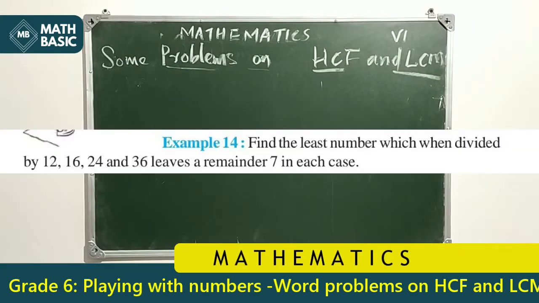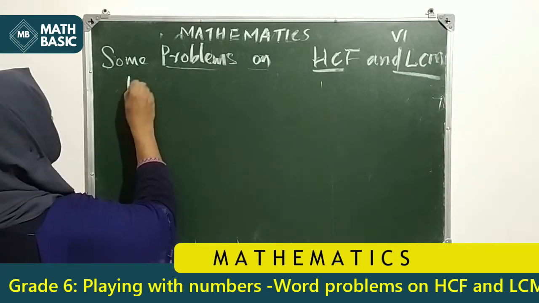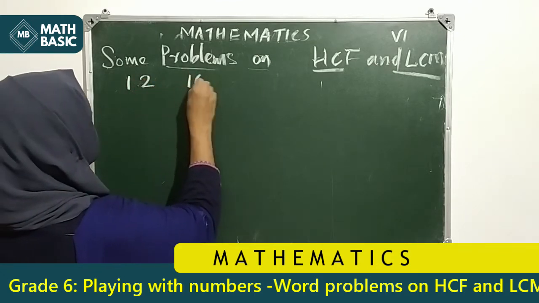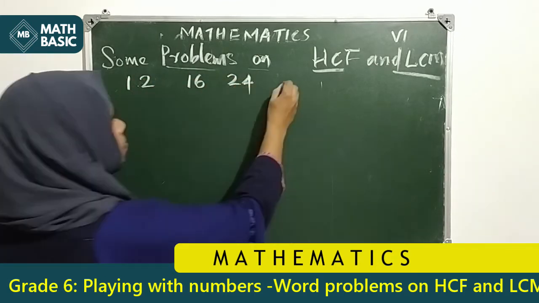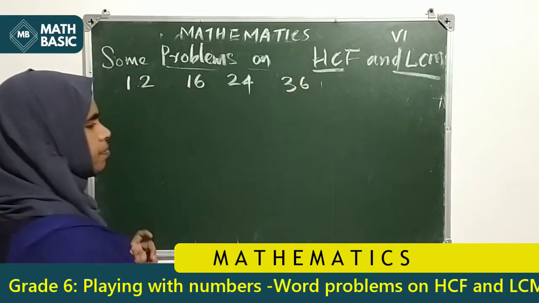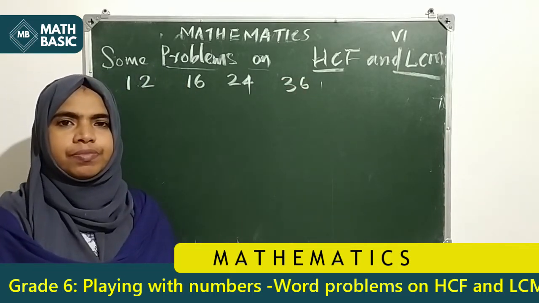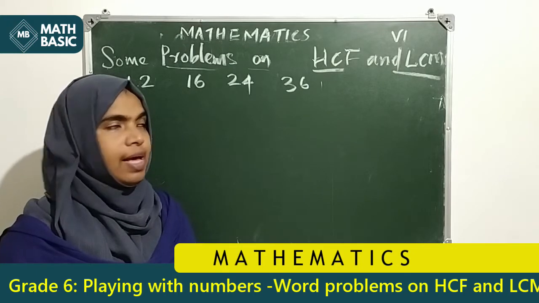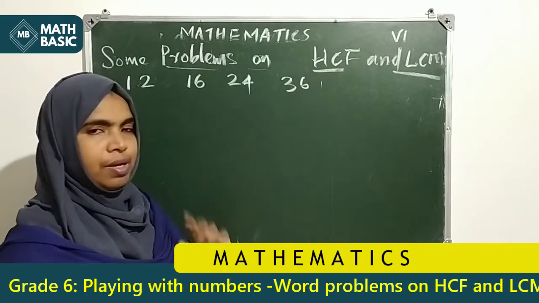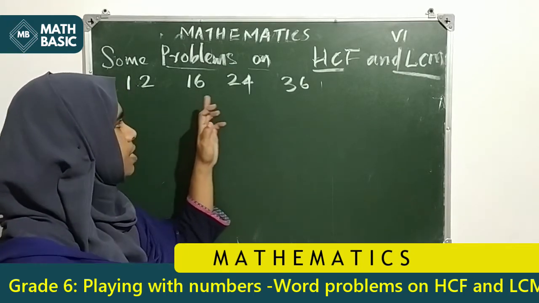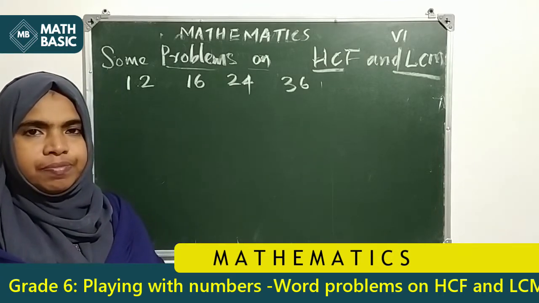The next question. Find the least number which when divided by 12, 16, 24 and 36 leaves a remainder 7 in each case. We need to find the LCM of these four numbers: 12, 16, 24 and 36.